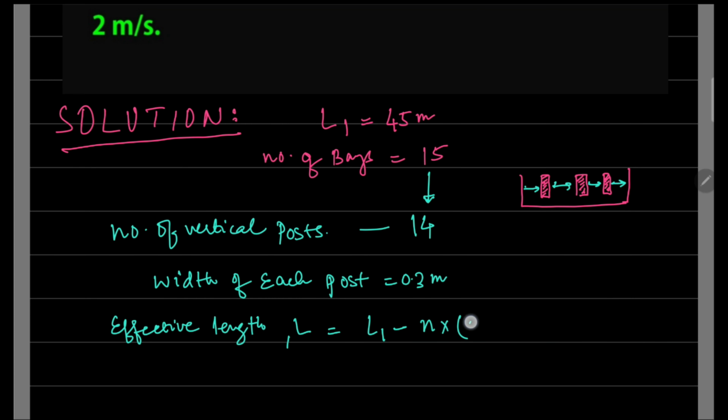So effective length L will come out to be L1 is 45 meter minus n is 14, and the width W of each post is 0.3. So 14 multiplied by 0.3 comes out to be 40.8 meter.